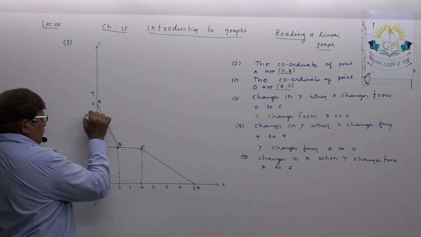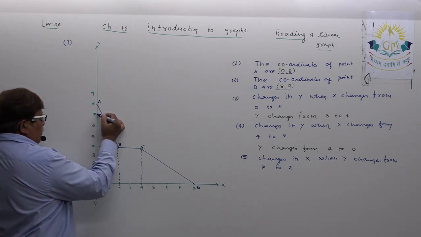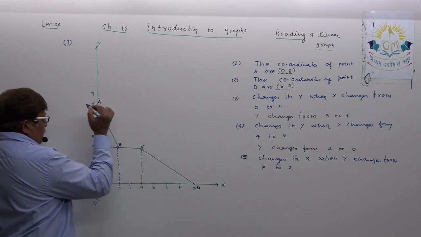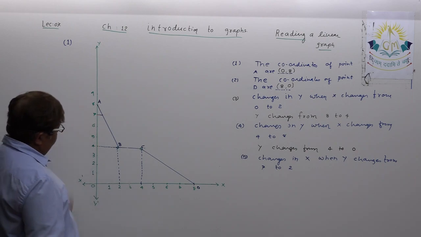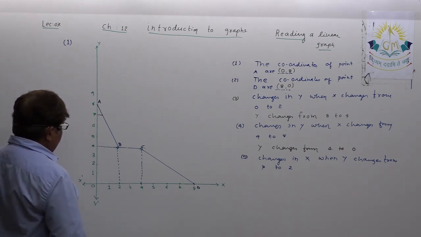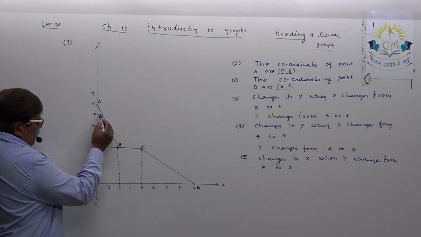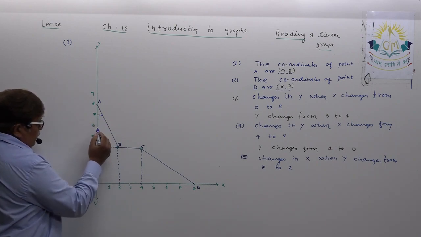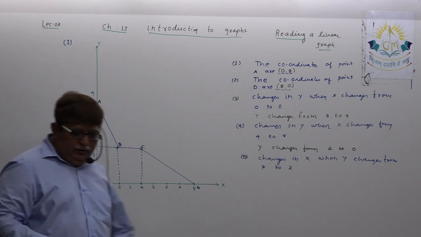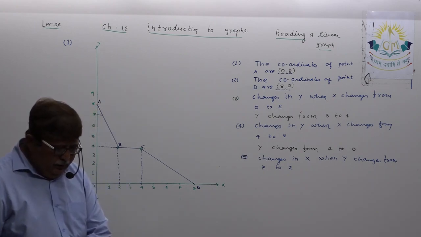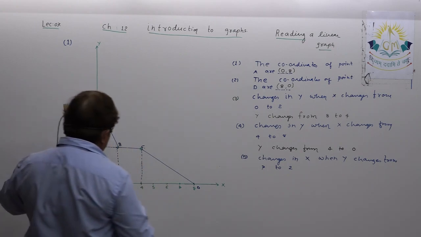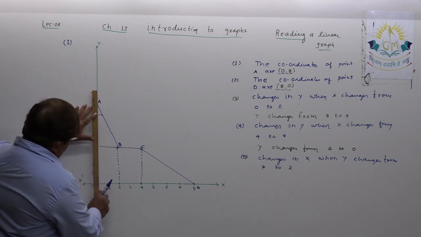From 7, draw a dotted line to meet the graph. Suppose somewhere here. Then from here, where it meets the graph, you draw a straight line to join with the x-axis.